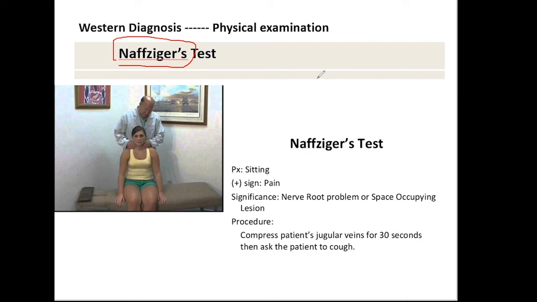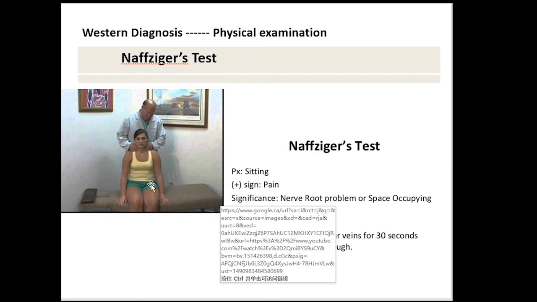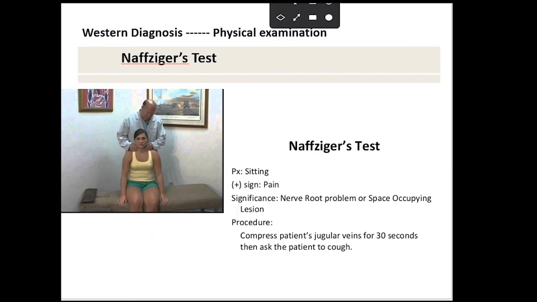When we test, we are still looking for a painful reaction. The patient can still be sitting. In this test, we press the patient's jugular vein on the neck for 30 seconds, and then ask the patient to cough. If the patient feels pain, that's a positive reaction. Still the same idea.